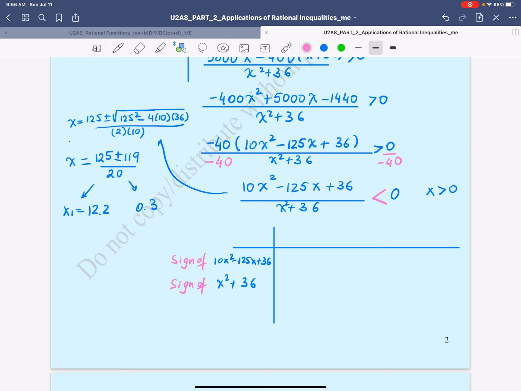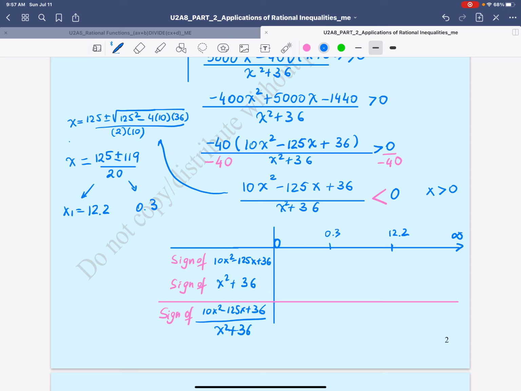And last but not least, we have the sign of the rational expression, which is 10x squared minus 125x plus 36 over x squared plus 36. We're going to start at 0 and finish at infinity. And the zeros are at 0.3 and 12.2. Again, we don't need to scale. We just place them in order. And these will be the zeros of the numerator.